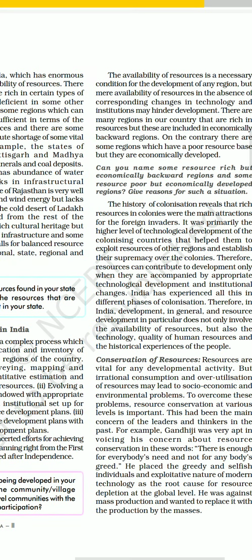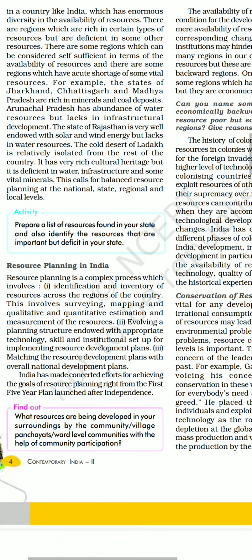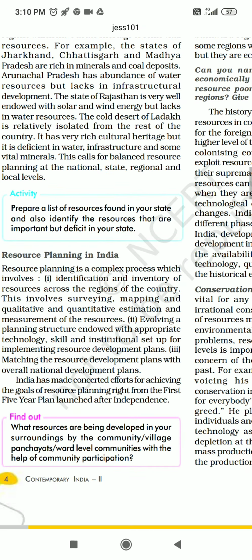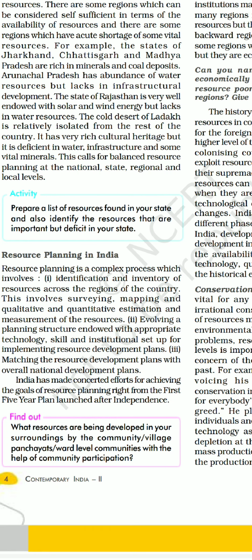The first step, you can see in the textbook, is to identify which state has which resource in abundance and which resource is scarce. It means identifying the resources across the country. That is the first step for resource planning.